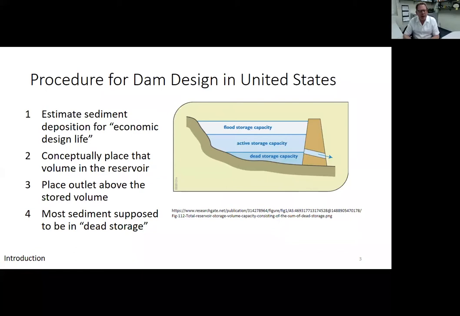You conceptually place that incoming sediment volume on the bottom of the reservoir, and then you place your lowest level outlet above that stored volume. What you've done then is you've provided an area for the sediment to deposit in the reservoir. It's an area called dead storage. This means that most of the incoming sediment is likely to drop out in the reservoir.